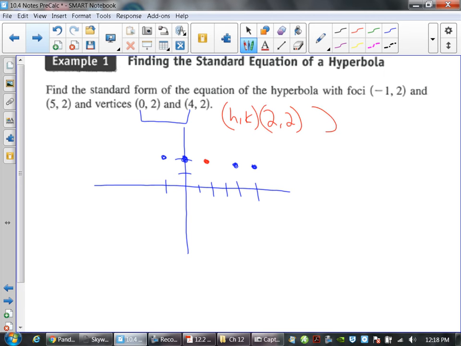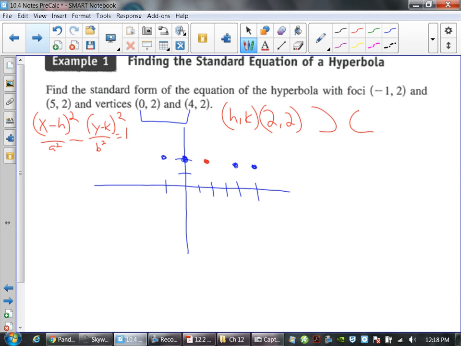I know it's going to be a left-right one. So if it's a left-right one, what's going to come first, the x squared term or the y squared term? The x squared term. I know that's what the equation is going to look like, right away. Now I just count.